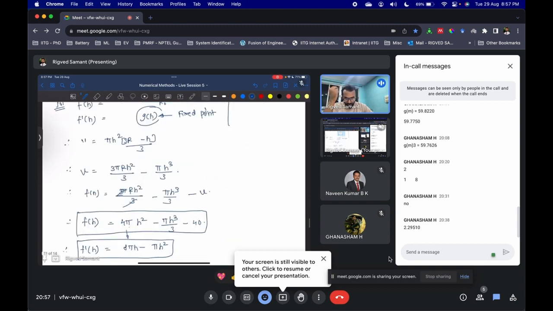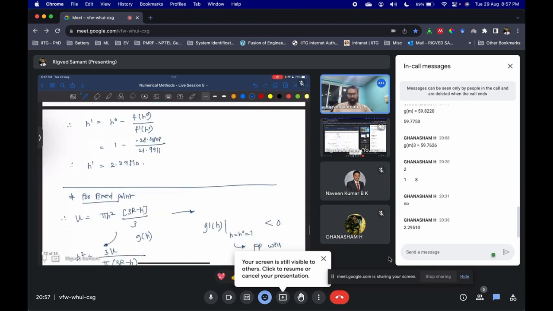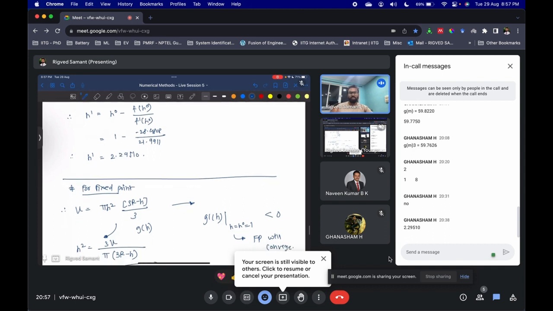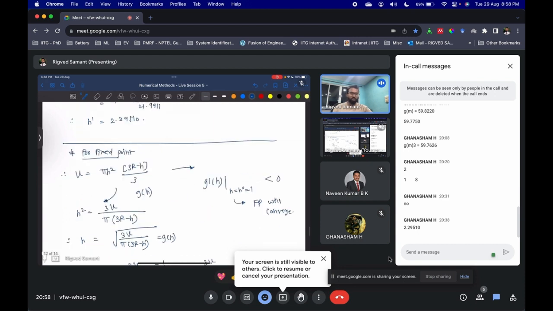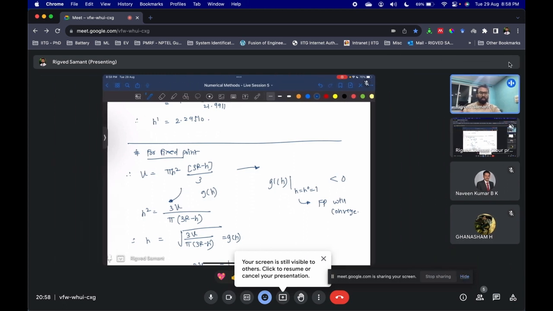So this was all about the numerical methods for nonlinear equations. If you still have any doubts in this session, if I have gone fast or skipped something and you have not understood, then please post it on the Google forum. I will address your queries there. If you don't have any queries now, then we can conclude the session.